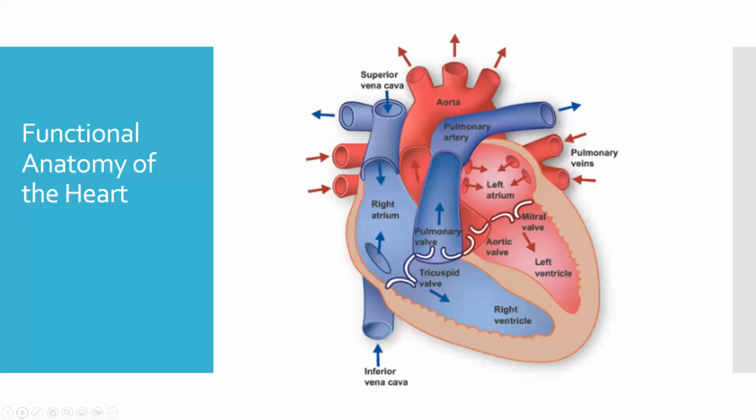The reason I included this slide is that it reminds us of the flow of blood through the cardiopulmonary system. The importance of it in terms of hemodynamic monitoring is, for instance, when the right heart is failing. Granted, we can have elements of both right and left heart failure simultaneously.